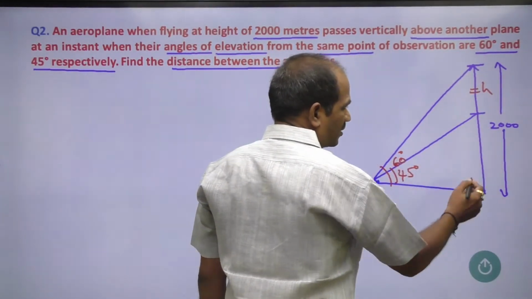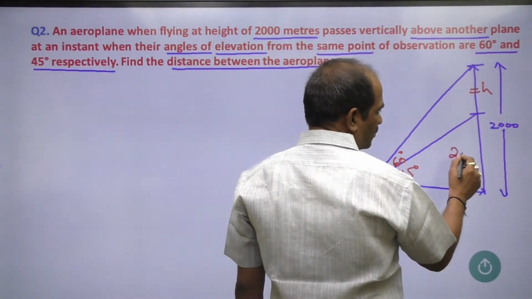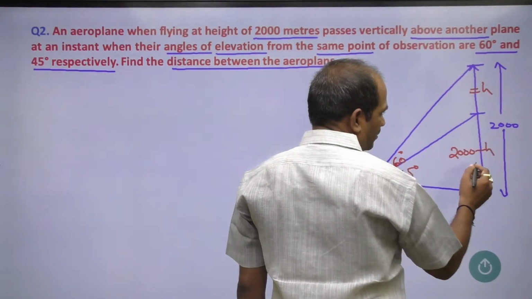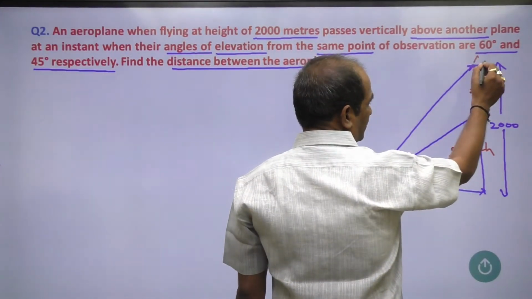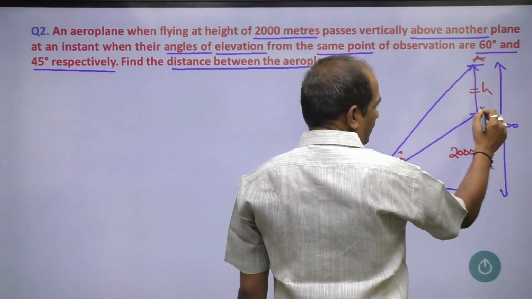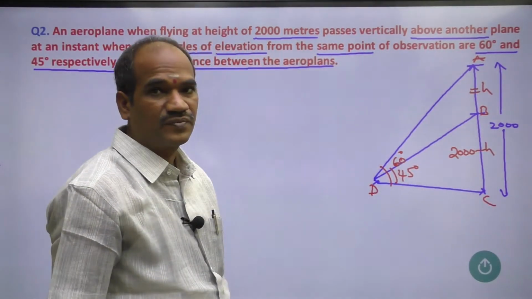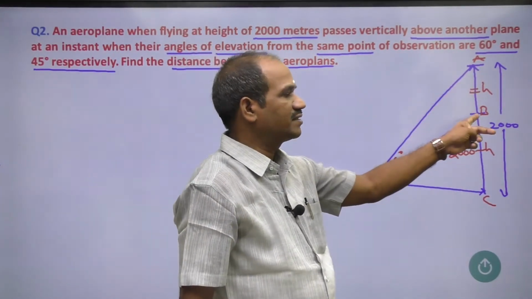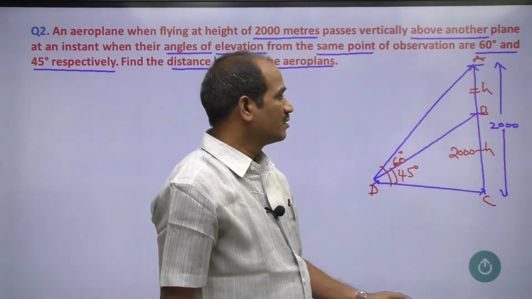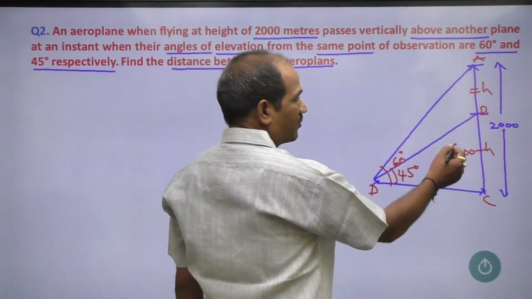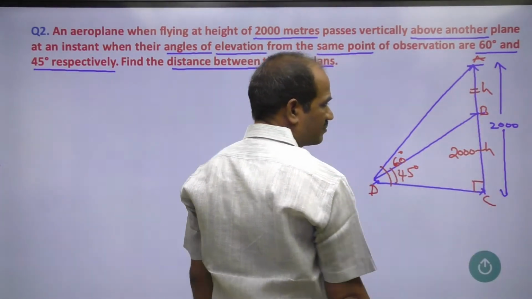So this distance is total 2000 minus H. These points: the first plane is A, the second plane is B, and CD is the base. So A and B are the positions of the aeroplanes. See here, this is the diagram. We calculate the distance between the aeroplanes, the H value. This is a right angle triangle.